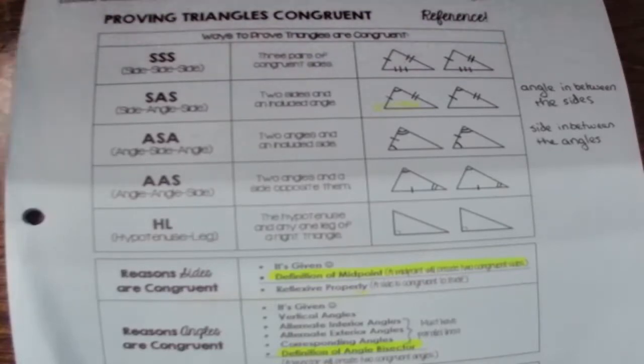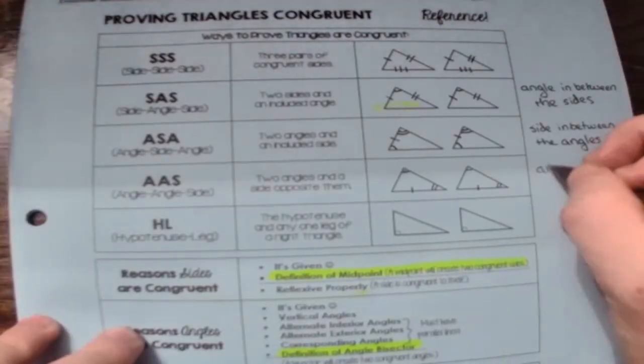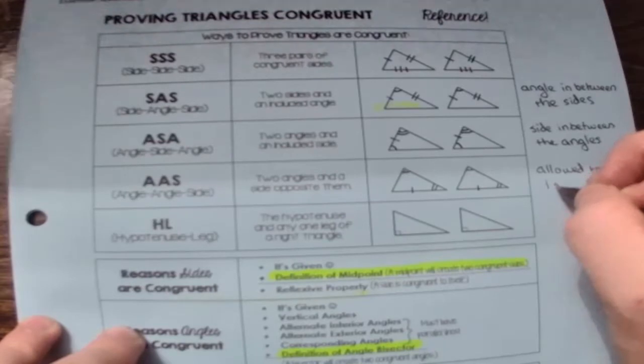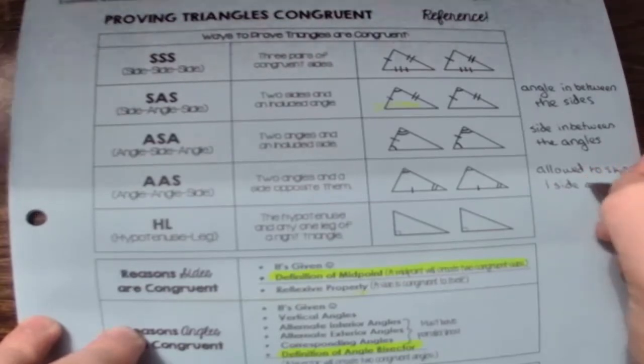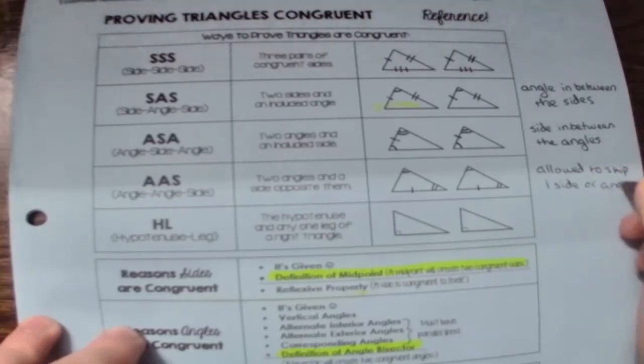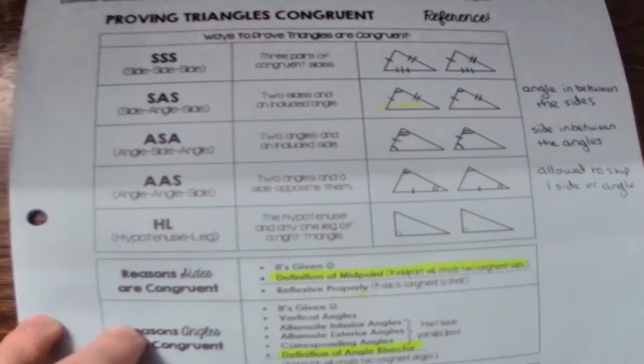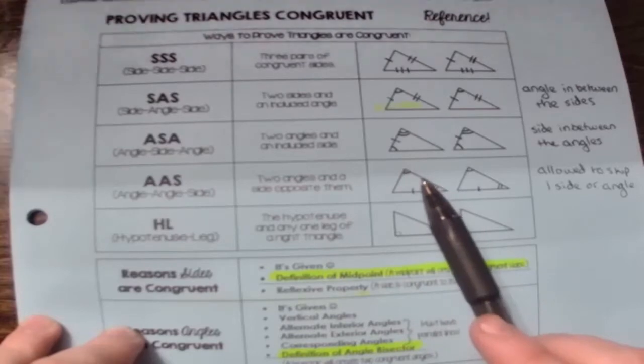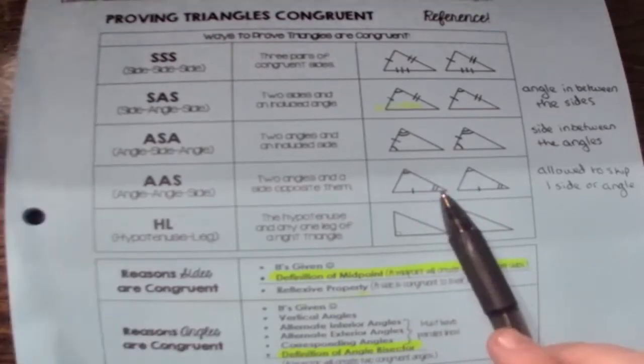So you want to make sure that you know you're allowed to skip one side or angle. What I mean by this is, to get from this angle to this angle, I had to skip one side, but then I hit this angle.